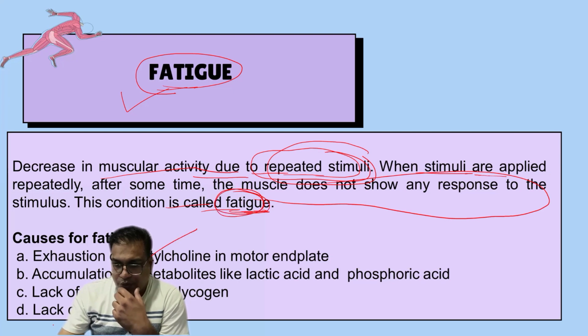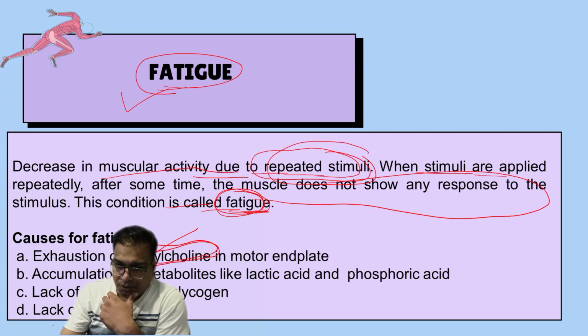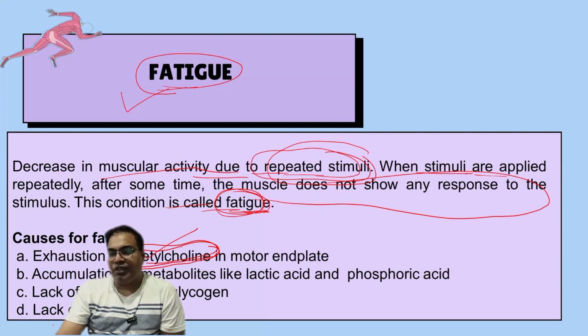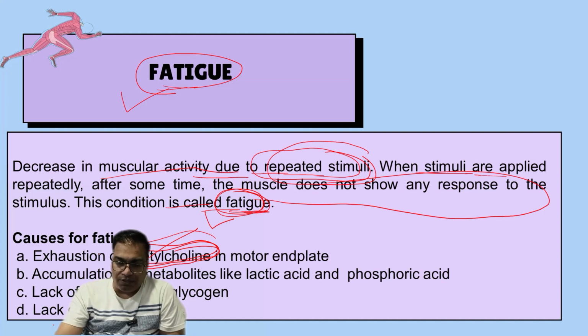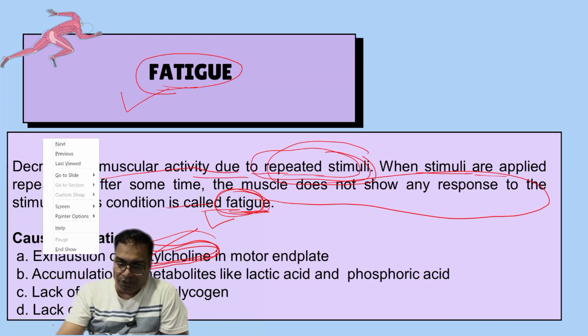Now come to the various causes of fatigue. It could be due to exhaustion of acetylcholine. In previous classes, we studied the sliding mechanism, where we studied the role of acetylcholine in muscle contraction. So this repeated stimuli is causing repeated contraction of muscles, but now there is a complete exhaustion of acetylcholine.